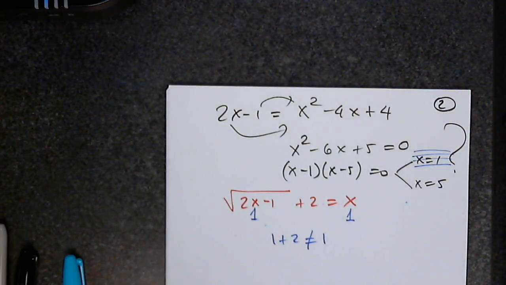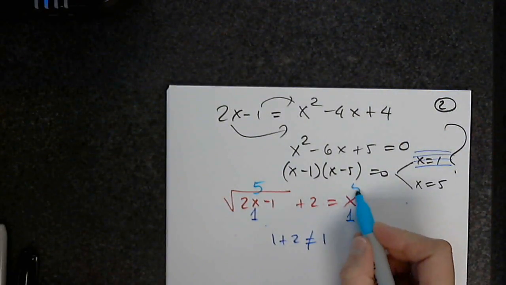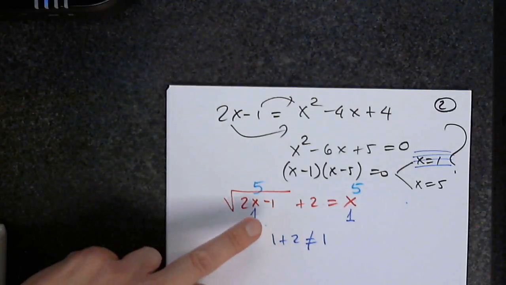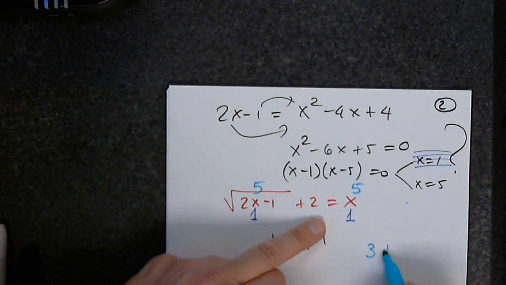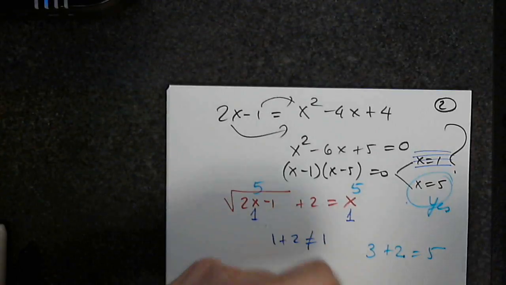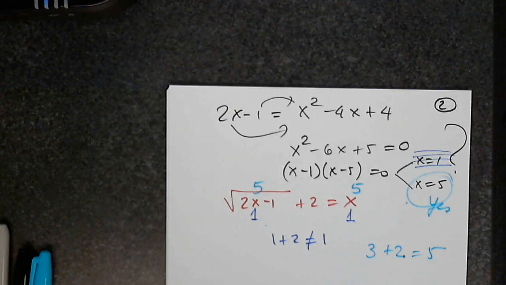And now I will plug in 5. 2 times 5 is 10, 10 minus 1 is 9, the square root of 9 is 3, 3 plus 2 is 5, so I will say yes, acceptable. Questions, please.